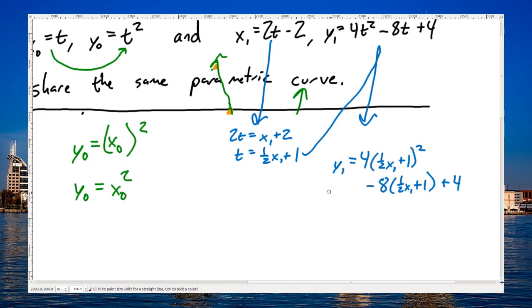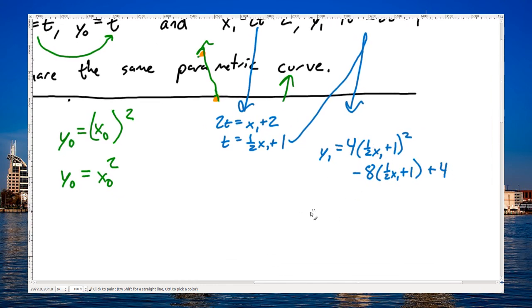Now take that and plug it in up there. What would that end up being? That gets me that y1 is equal to 1/4 x1 squared plus x1 plus 1, minus that's 4x1 minus 8 plus 4.